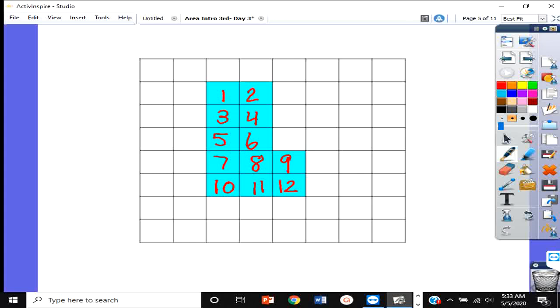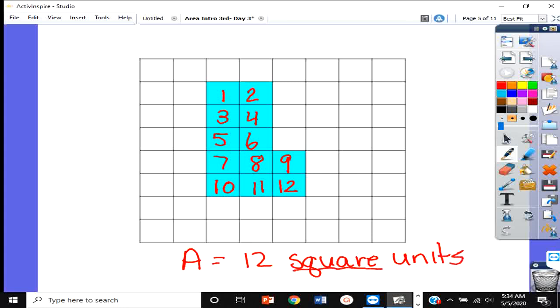It took 12 squares to fill the inside of that polygon. So the area of that polygon is 12 square units. And I put the word square in front of my units because we're actually counting the squares, or how many squares it takes to cover that shape.